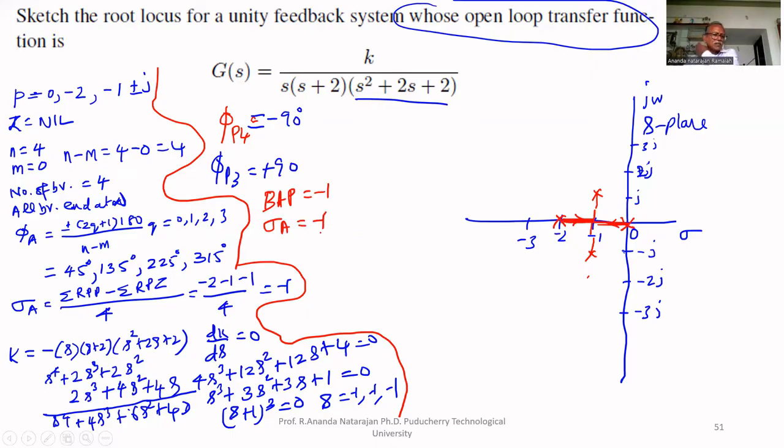This is interesting. And now we have to find the point of intersection with the jω axis.